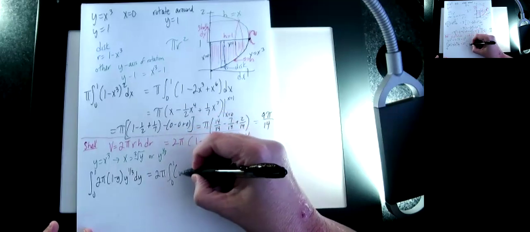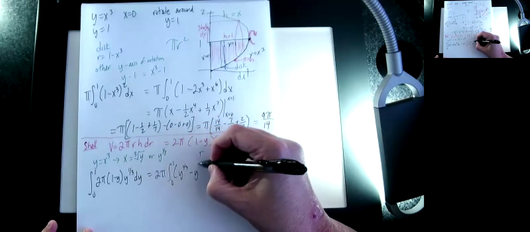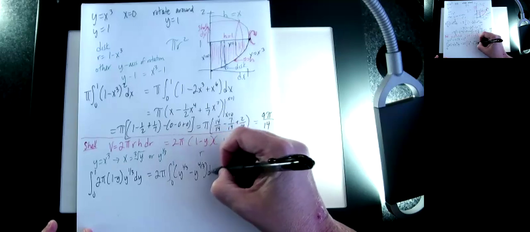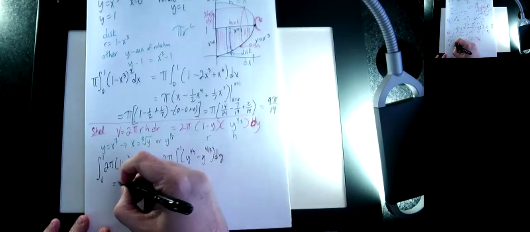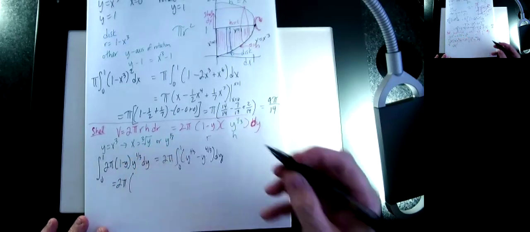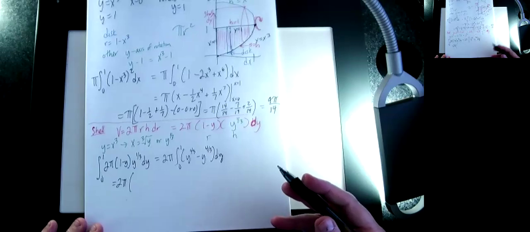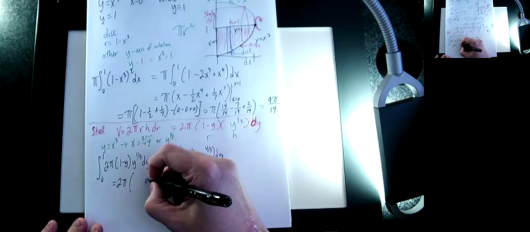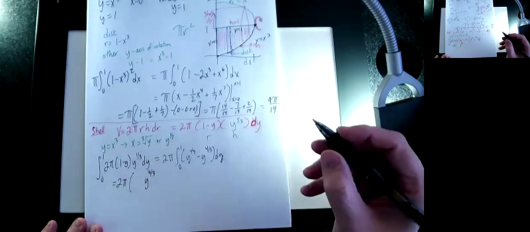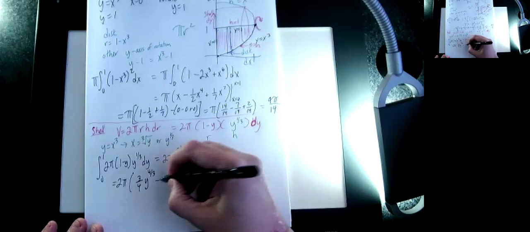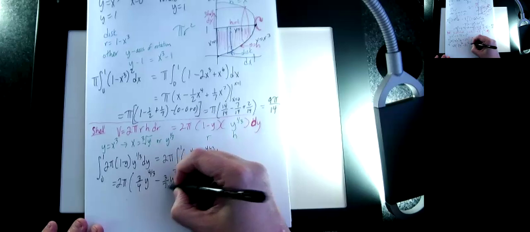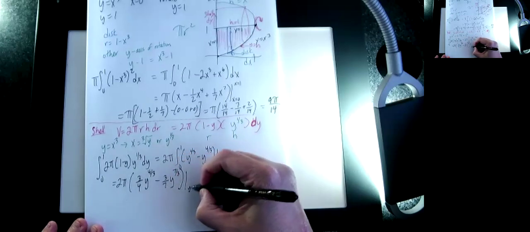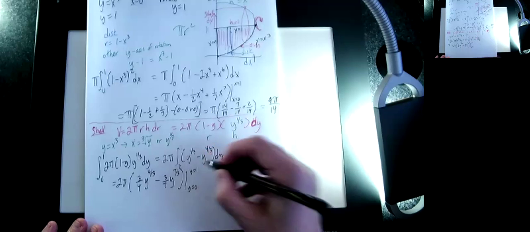I've got y to the 1/3 minus y to the 4/3. If I integrate, it goes up a power, so I'm making this go up to 4/3, which means I put a 3/4 in front. And this one is going up to 7/3, so put a 3/7 in front. We're doing y equals 0 to y equals 1.